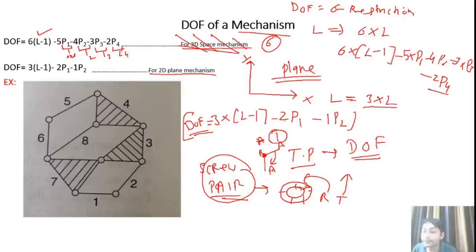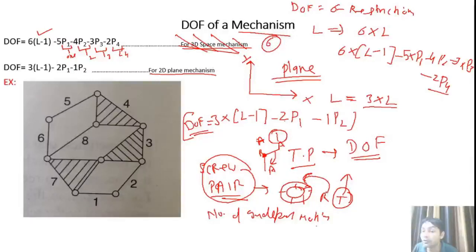But my dear, what is the degree of freedom? Number of independent motions. But here this translatory motion is not independent. It depends upon the rotary motion.